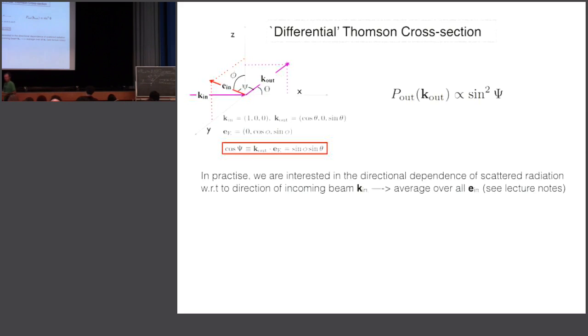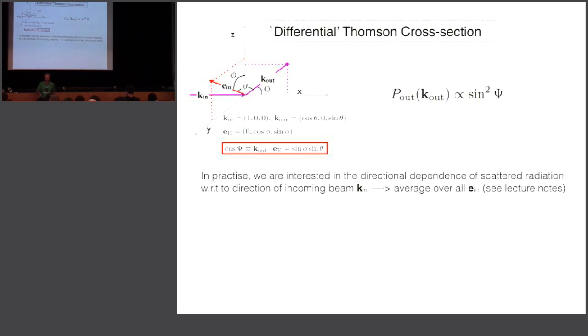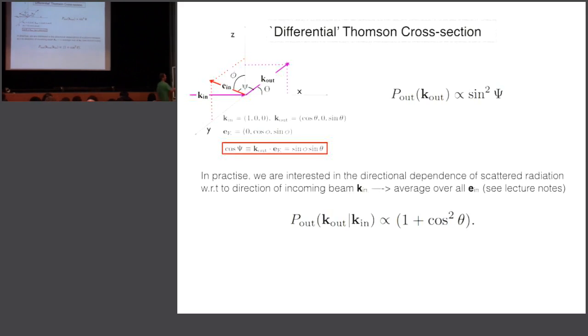I go through this analysis explicitly in the lecture notes, and you can show that once you average over all electric vectors, you find that the re-radiated power goes as 1 plus cosine theta squared. And theta is the angle between the incoming and outgoing direction, so this would be your angle theta.